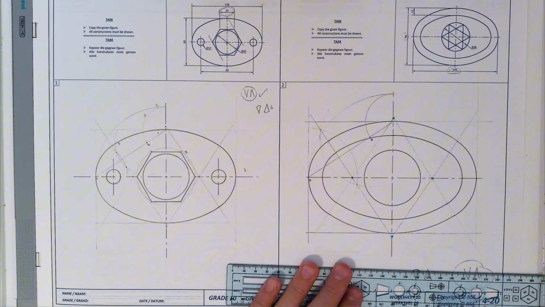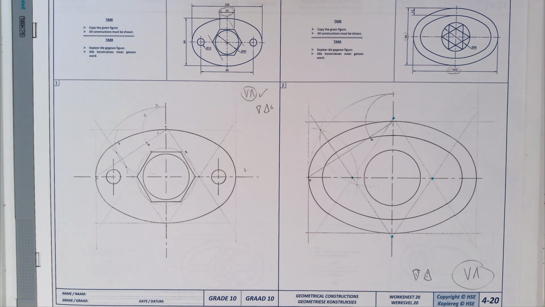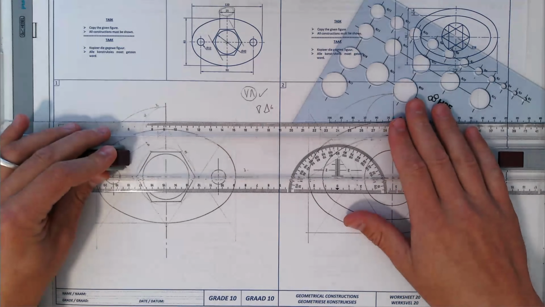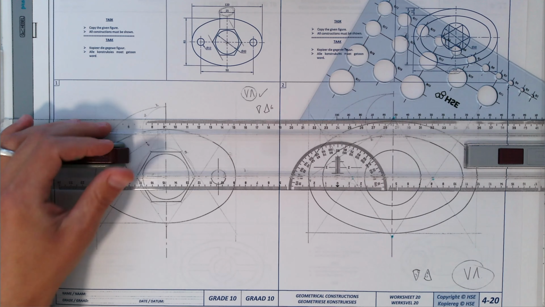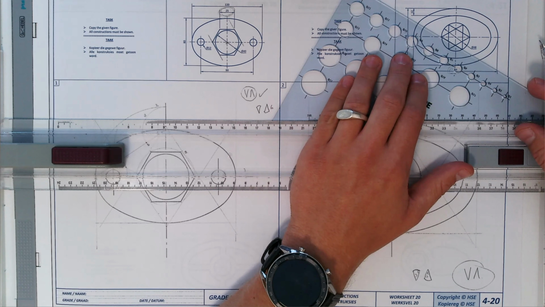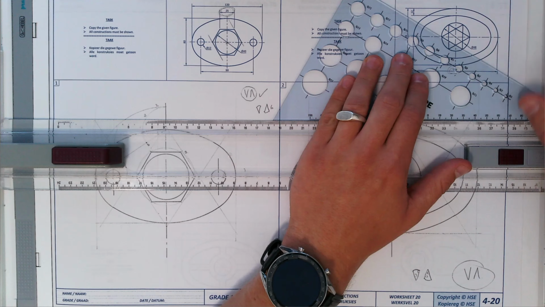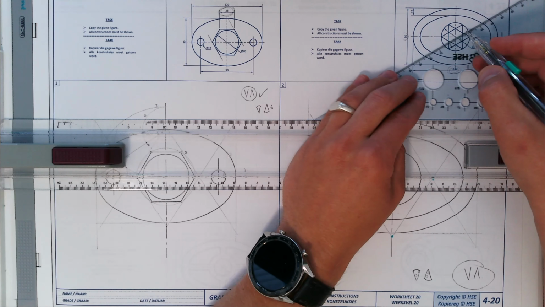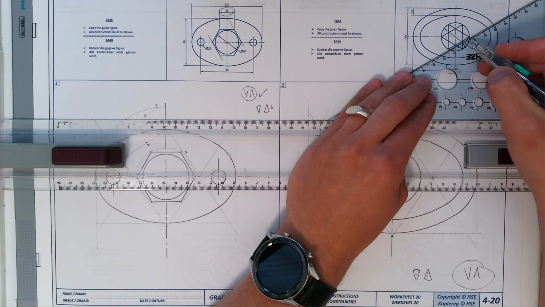Now, looking at this, we can go and play around with our triangles. And we can see that those lines go at 30 degrees. And that line goes at 30 degrees. And that line goes at 30 degrees in that direction. And that one 30 degrees in that direction.